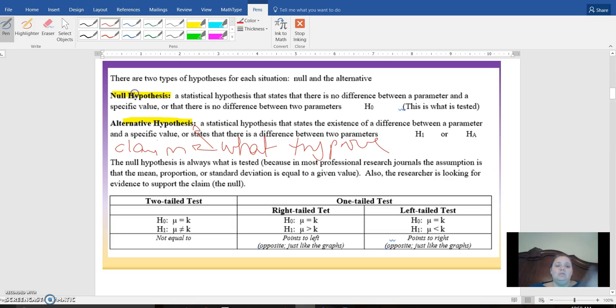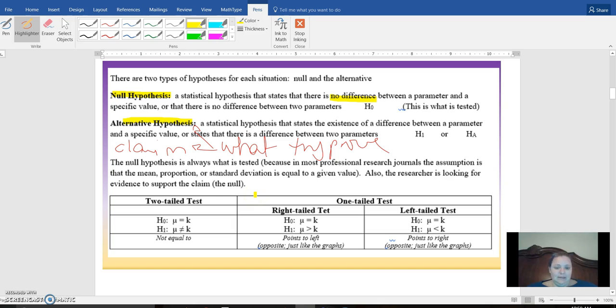And so my null would be the opposite of that. I would say, no, there's no difference. You cannot go into an experiment, study, or survey trying to prove that you're right. You try to disprove that you're wrong. So you're doing the opposite, and it can get really confusing.